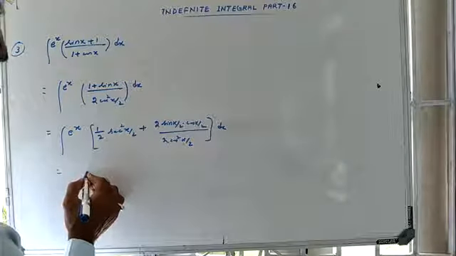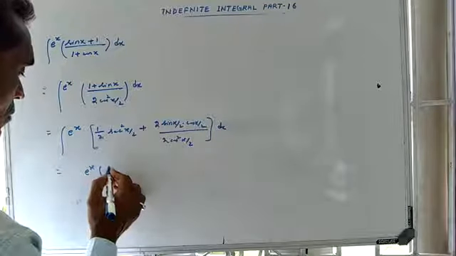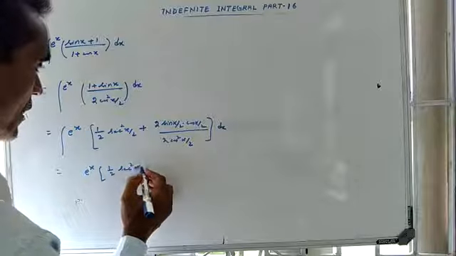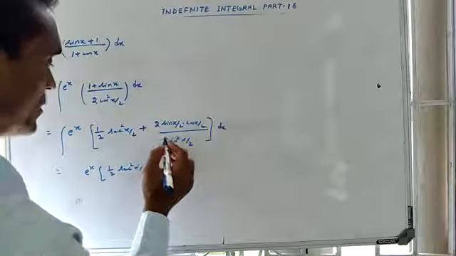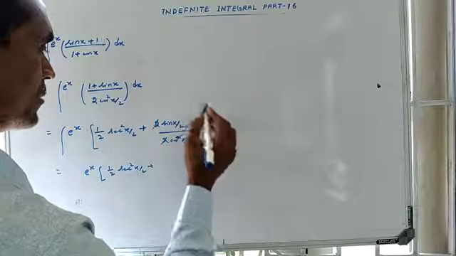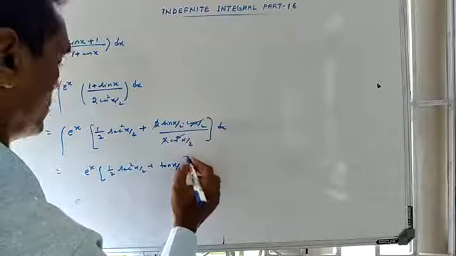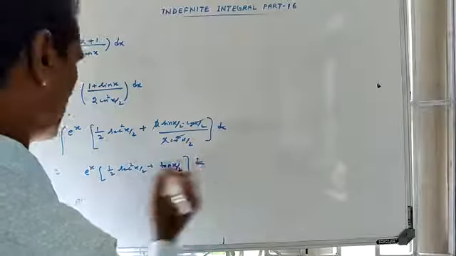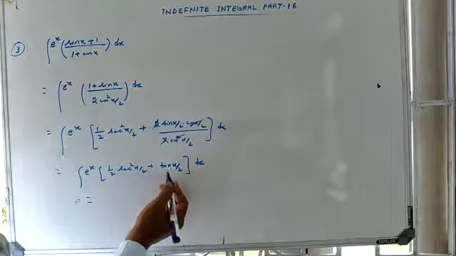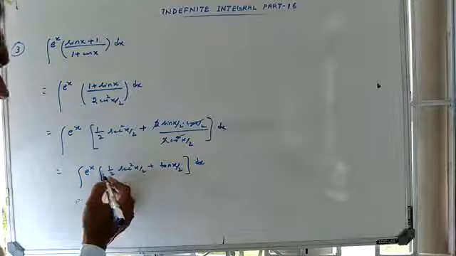The 2 will cancel, and one cos x by 2 will also cancel, so we get tan x by 2. The derivative of tan x by 2 is sec square x by 2 times 1 by 2.